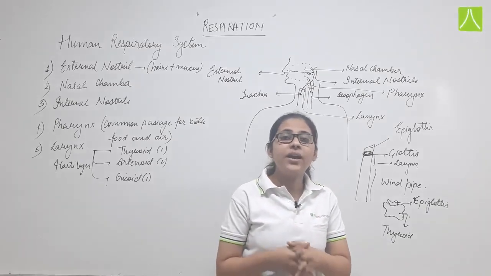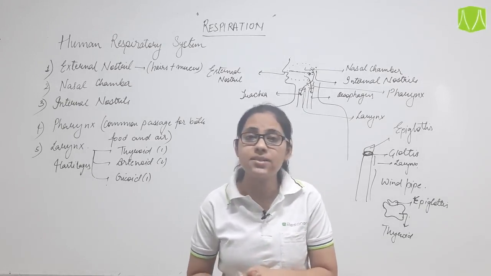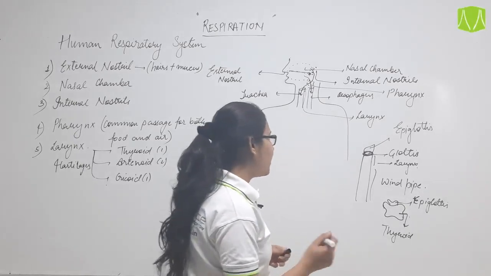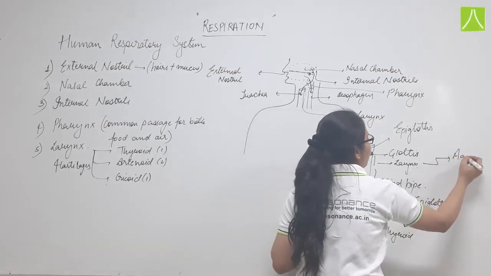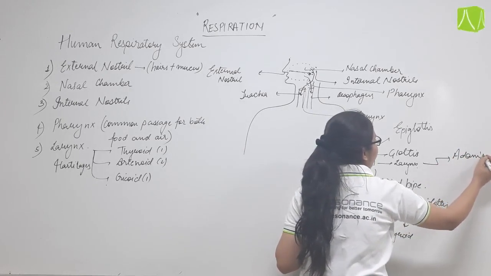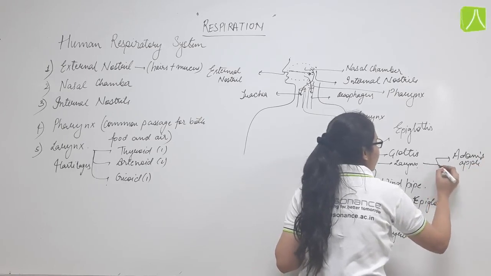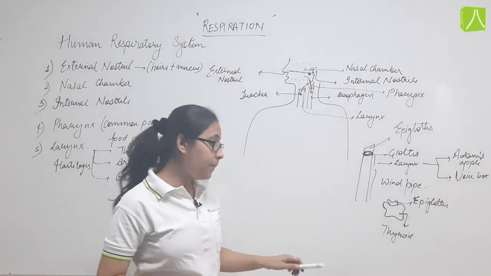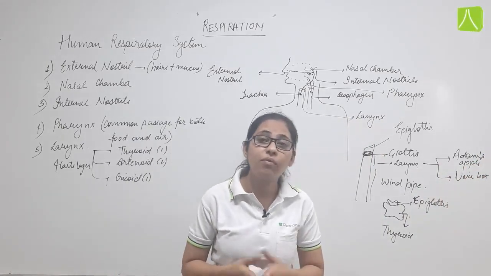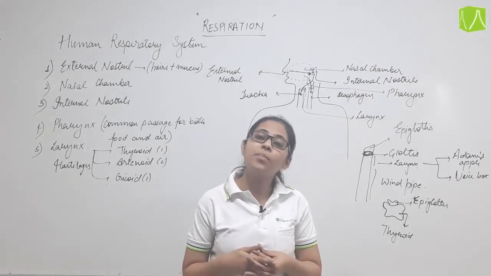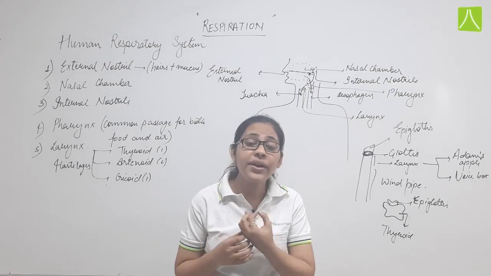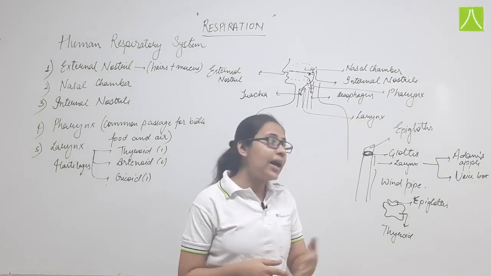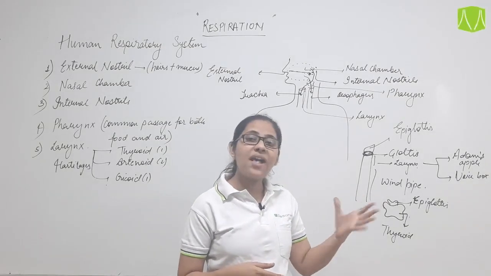It becomes a secondary sexual character in human males, and that part is called Adam's apple.